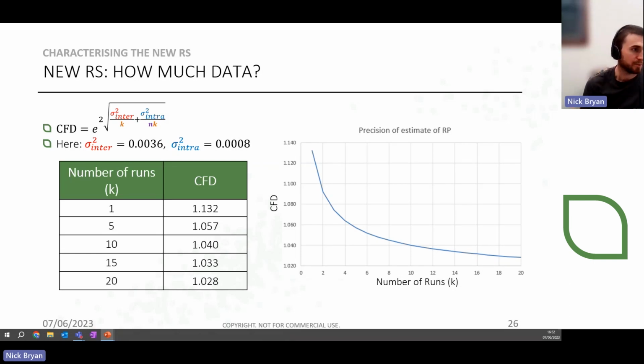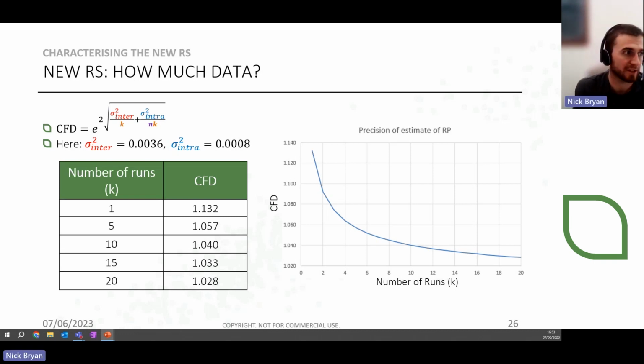So this might be an acceptable level of precision for assessing our new reference standard, but it equally may not be, and that's going to depend on other factors, on the probability of success, perhaps on acceptance criteria. So that's going to have to come from a further statistical evaluation, or it may be simple enough to just pick a value for the number of runs.